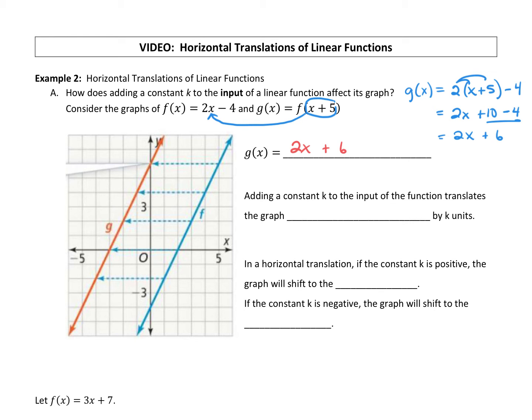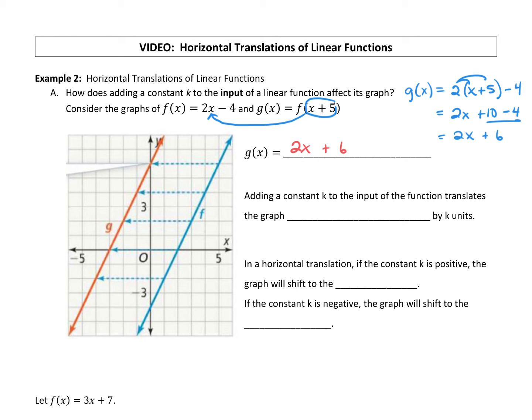If we take a look at this graph right here, here's our f function, the 2x minus 4. We can see the y-intercept is negative 4 down here, and we have a slope of 2, up 2 over 1, up 2 over 1, up 2 over 1. When we add in a 5 to our input, it gives us this graph right here, 2x plus 6, or here it is, g of x equals 2x plus 6.